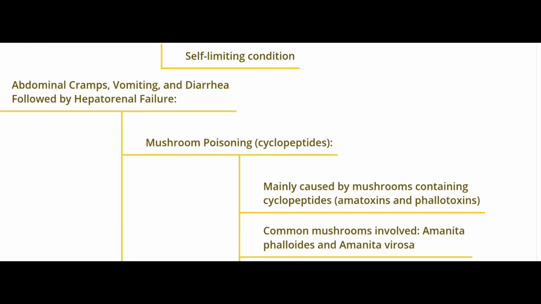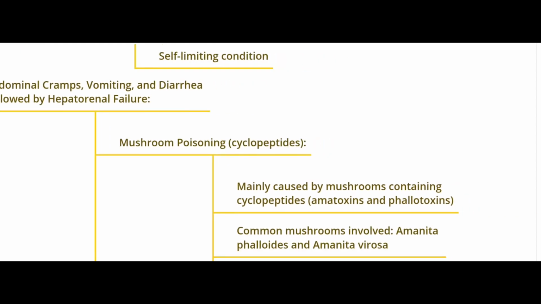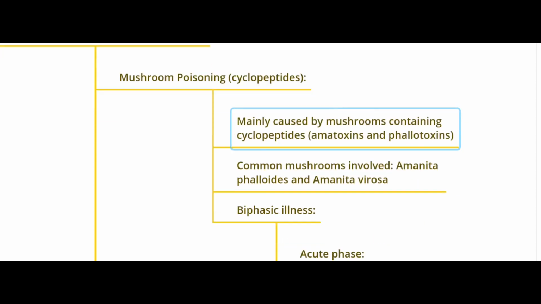These cyclopeptides are amatoxin and phallotoxins. They are usually in the mushrooms Amanita phalloides and Amanita virosa. These mushrooms have different names in different regions. That's why we put the Latin name in our video.